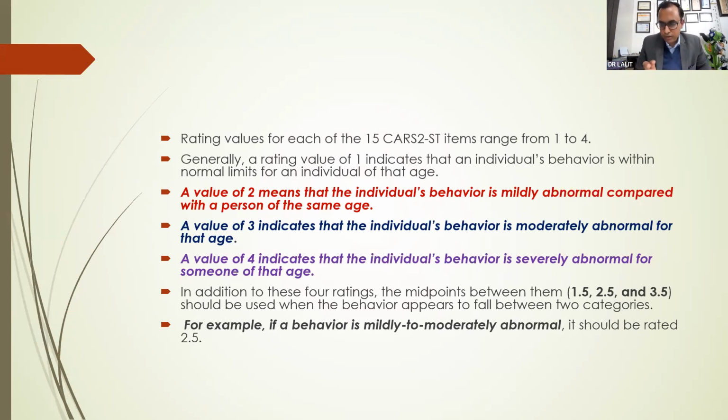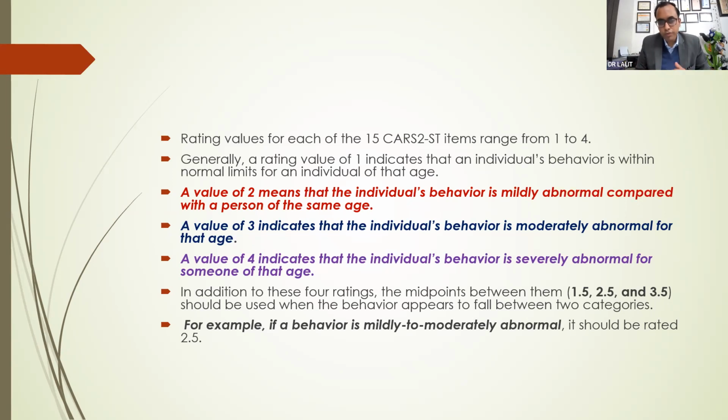Now there is another scoring done in between. Suppose a child comes who doesn't fit into the score of 2, and doesn't fit into the score of 3 either. For example, it might be mildly abnormal, and a little more than mildly abnormal, but not quite moderately abnormal. In that case, we use a category known as 2.5.